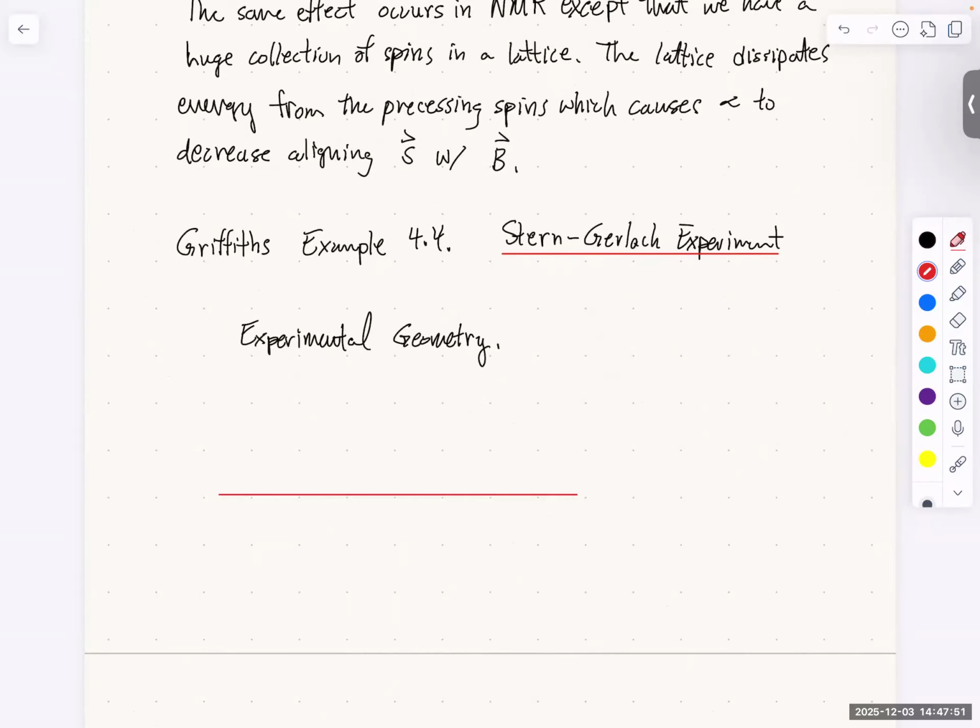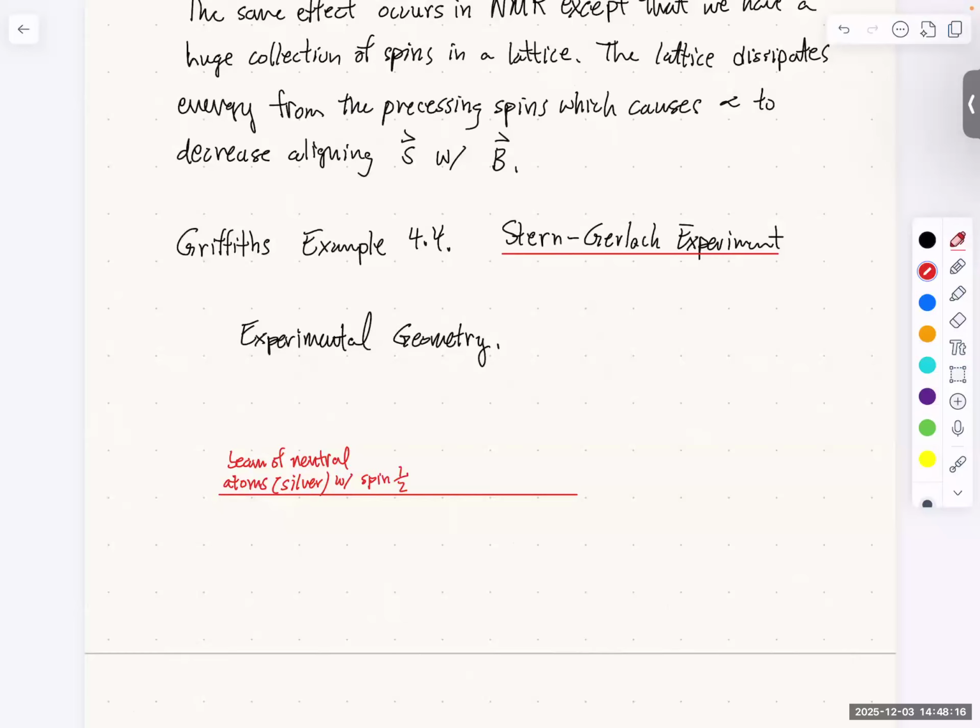What was actually used in the original experiment, I think, was silver atoms. So this is a beam of neutral atoms. I'm pretty sure silver is what was used, with a spin 1/2.